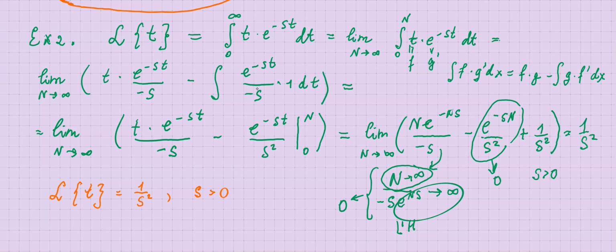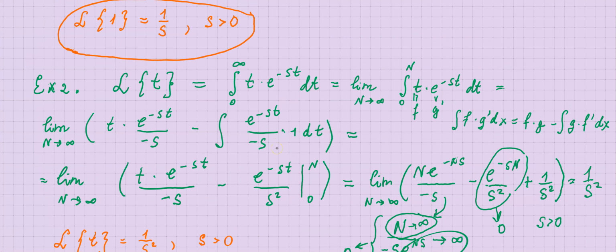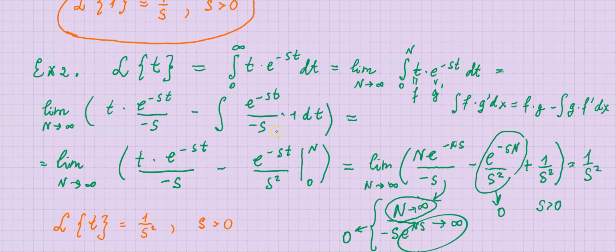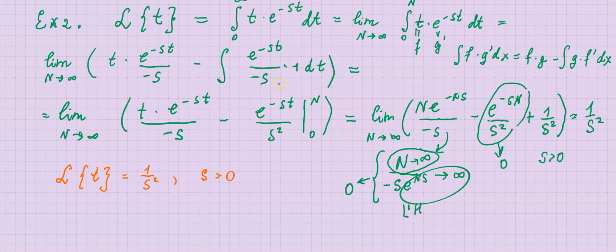Interestingly, the Laplace transform of 1 is 1 over s and of t is 1 over s squared. A little bit non-traditional, right? The constant goes to 1 over s and the first power goes to 1 over s squared, but it's not difficult to remember. Okay, so now we will do the Laplace transform of the exponential function.